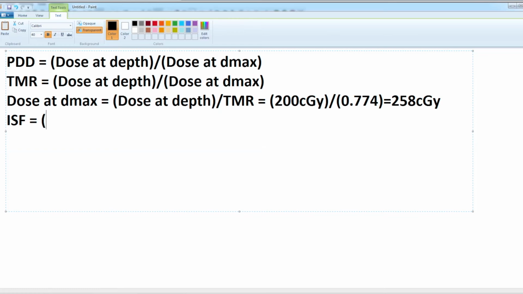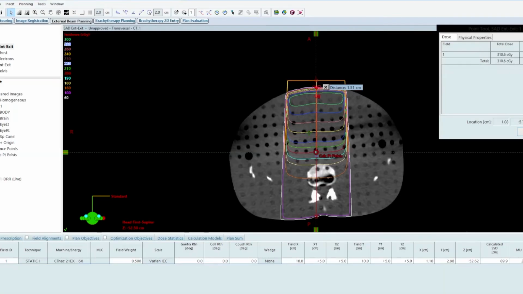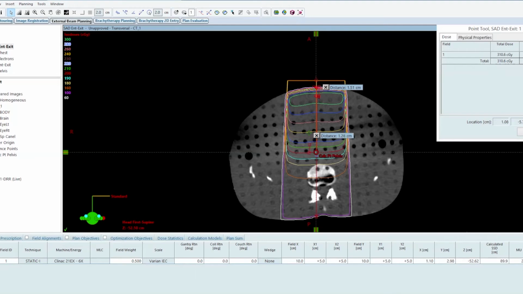the distance to, what's my distance to my original dose of 200 centigray? That distance is 100 centimeters. What's my distance to D max? Well, my distance of 100 centimeters was to isocenter. My phantom is 20 centimeters thick, so I've got 10 centimeter depth. Okay, so then what's the distance from the source to D max?